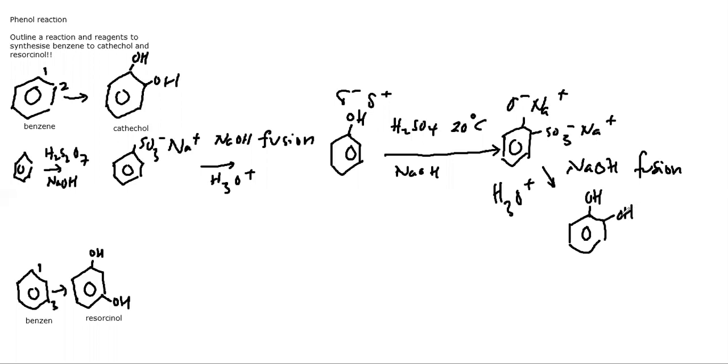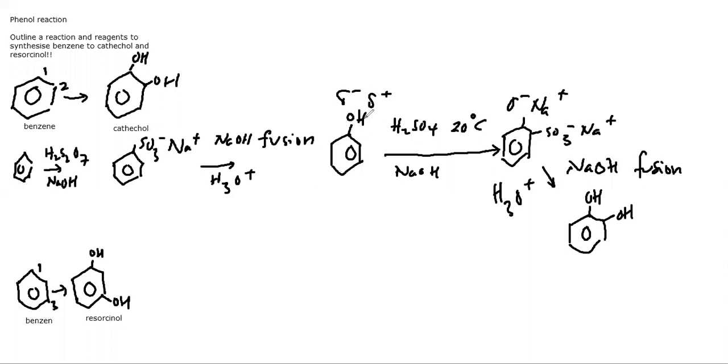To summarize, we need to add an oxidizing agent, and then we will have a salt here because we have a Na plus and an OH minus, and then NaOH fusion, and then we add hydronium ion, then we'll have the first phenol.